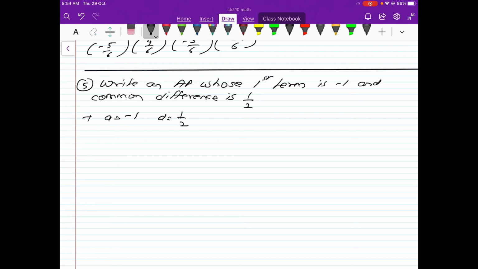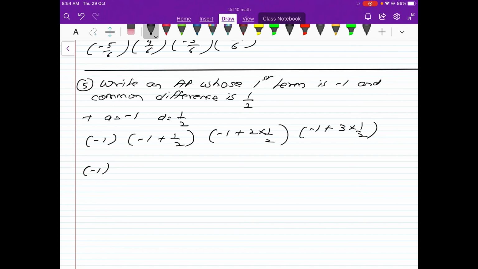So how do we do it? We put them in brackets. So the second term is a plus d. The third term is a plus 2 into 1 upon 2, and the fourth term is a plus 3 into 1 upon 2. So when we simplify, this becomes minus 1 plus half, means it will be minus half.